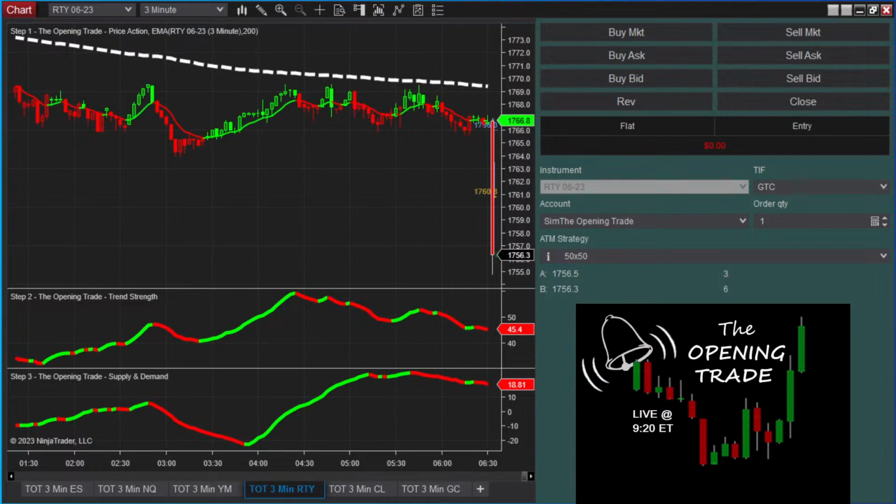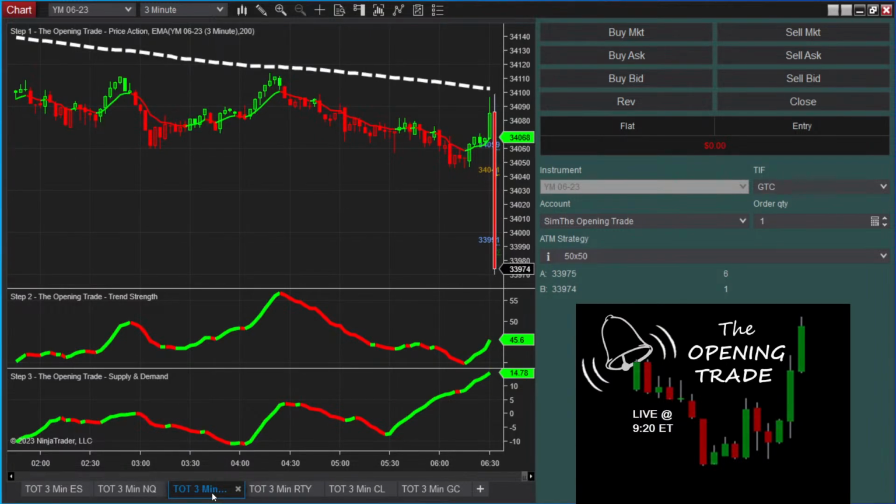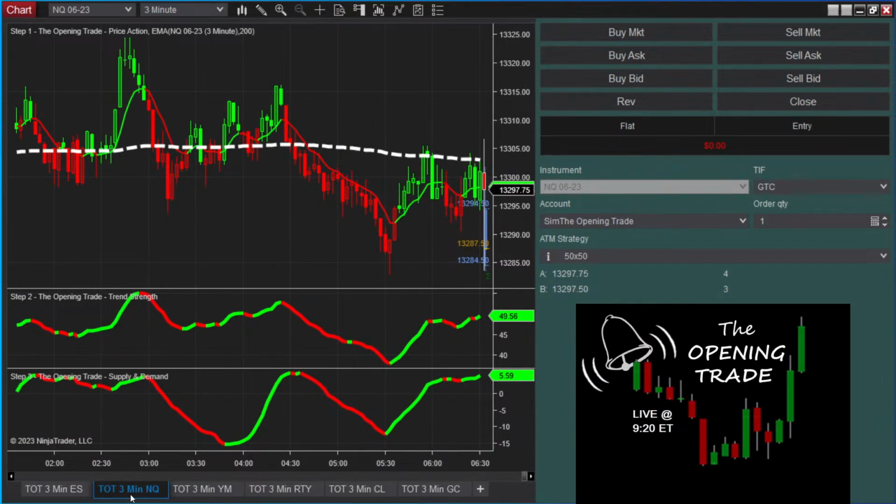Okay, so here we see Russell's making a 10-point plus move, as is the Dow. The Dow has moved quite a bit there. NASDAQ, you see the skinny white line. That means the candle did move in that range, but it is currently right there.